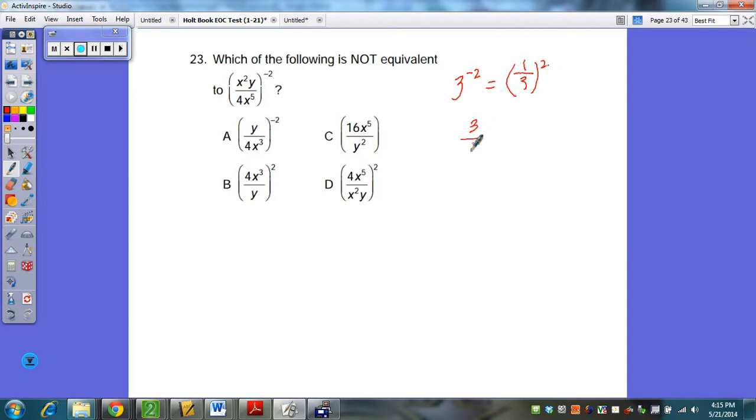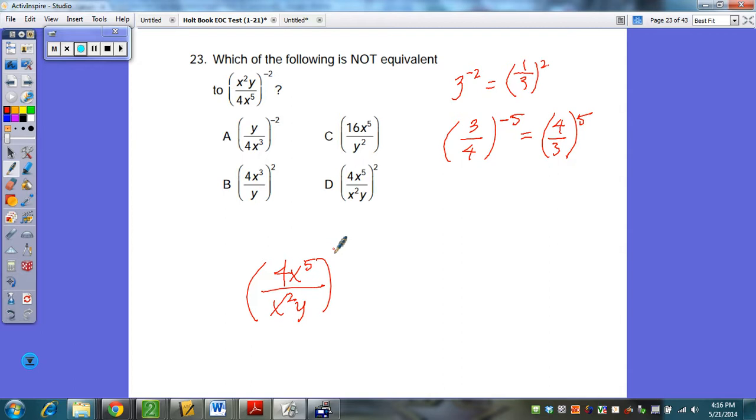If I have 3 to the 3 over 4 to the negative 5, that's the same thing as 4 over 3 to the 5th power. Same thing happens here. We're going to flip this, 4x to the 5th over x squared y, and we're going to make our exponent positive.